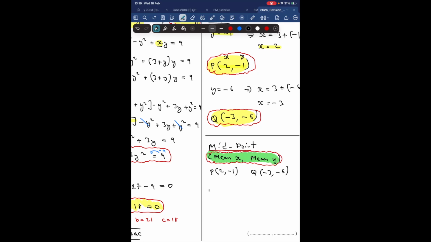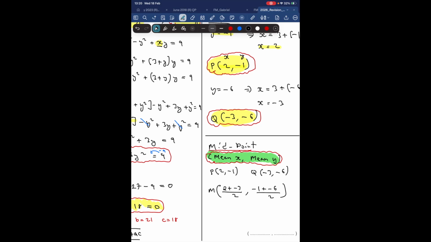So the midpoint, M, is going to be the mean of the x coordinates, so 2 plus -3 divided by 2. And then we're going to take the mean of the y coordinates. So we're going to add the -1 to the -6, and we're going to divide by 2. So it'll be -1 plus -6 divided by 2.